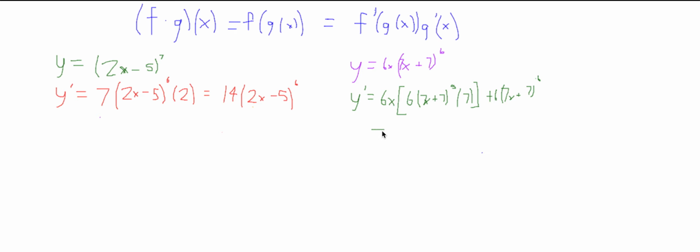And of course, we can go ahead and simplify this. First of all, just multiply the 6 and 7. So that's actually 36 times 7.